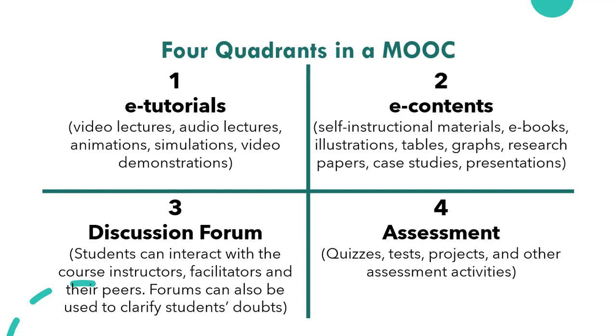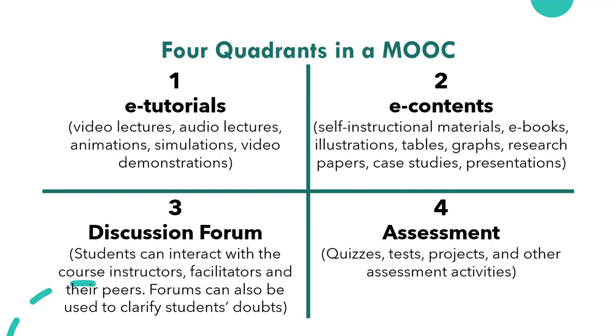I suppose you are aware of the 4 different quadrants in designing a MOOC. So while designing a MOOC, we need to have 4 different quadrants. And these 4 quadrants make a MOOC complete.